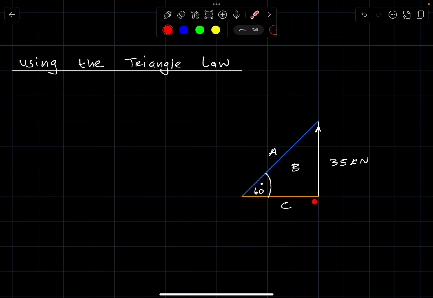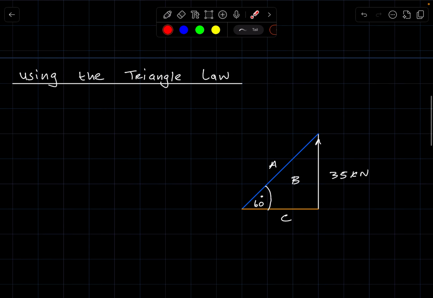So we know this member is heading upward. And then the other 2 members, we know they are making an angle of 60 degrees from one another, which is exactly what we have here. Now in terms of direction, remember we are using the triangle law.